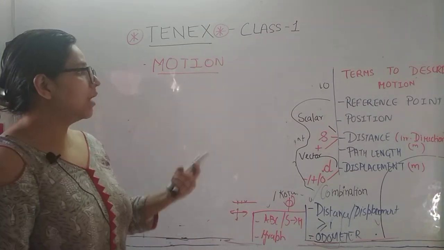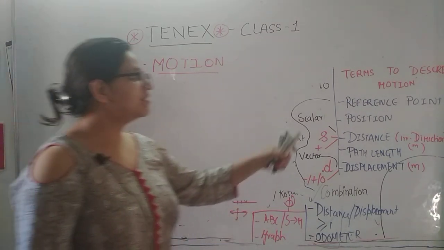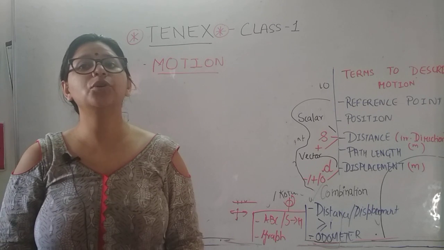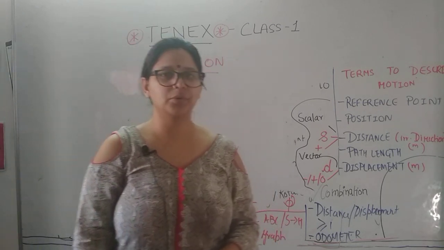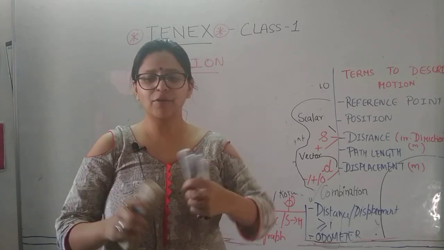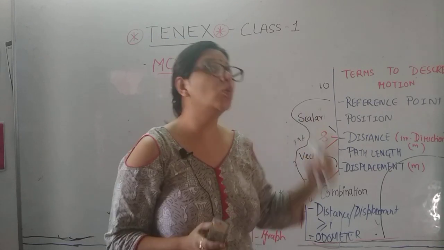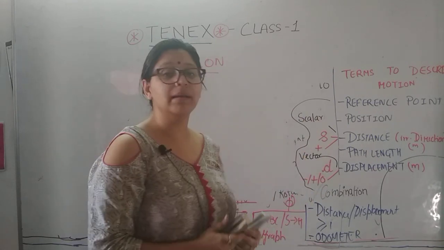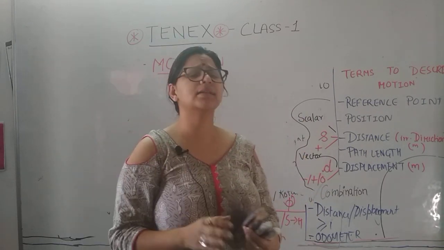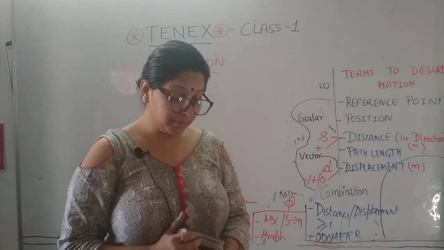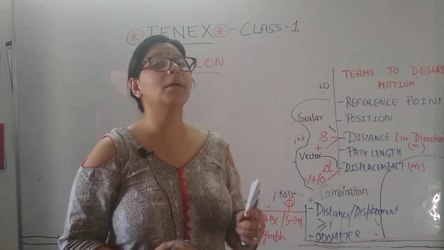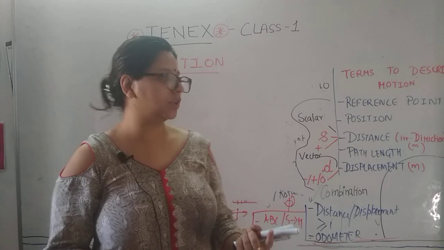Okay guys, now moving forward, there are certain terms that we are going to use to describe motion. If I want to study motion, I need to know all these terms, and hence they are very, very important. These terms are extremely important. If I don't know these terms, I cannot explain motion to you.